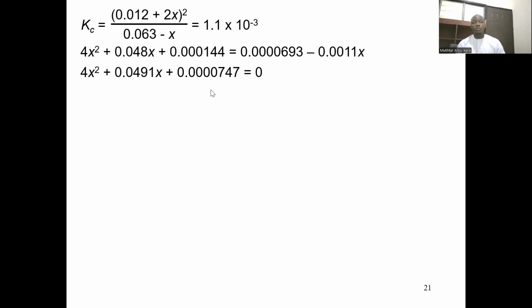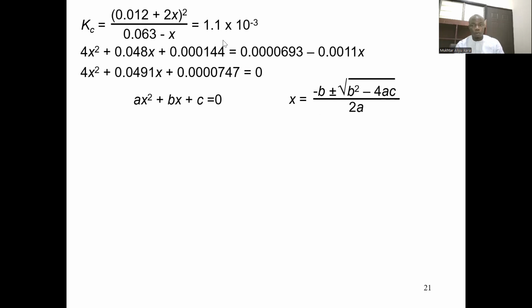From this quadratic equation, we can just apply the formula: x equals minus b plus or minus the square root of b squared minus 4ac, all over 2a. We compare it with our general quadratic equation. Our a value here is 4, and our b value, the coefficient of x, is 0.0491.